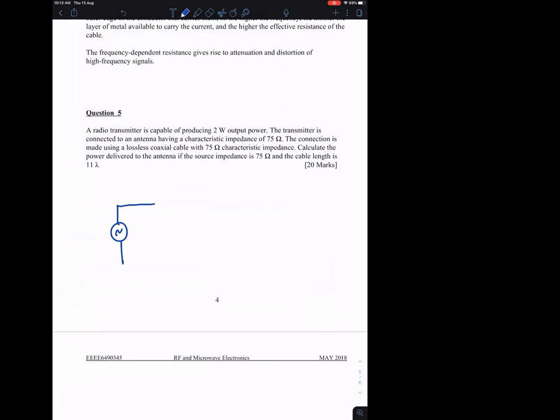Transmitter usually has some source impedance. It's a transmission line, and this is the load.